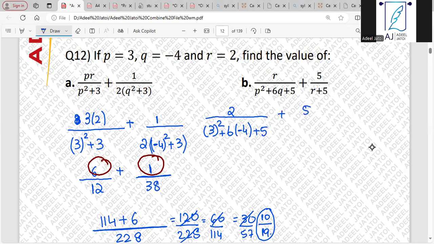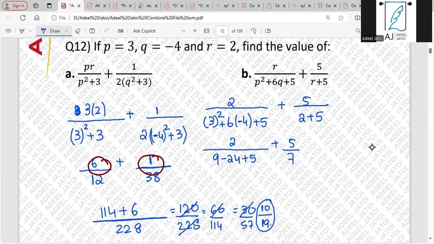Then we have 5 upon R is 2 plus 5. So what we have is 2 upon 9 minus 24 plus 5, plus 5 upon 7. Right? So can we just say that 9 minus 24 plus 5 is equal to minus 10?